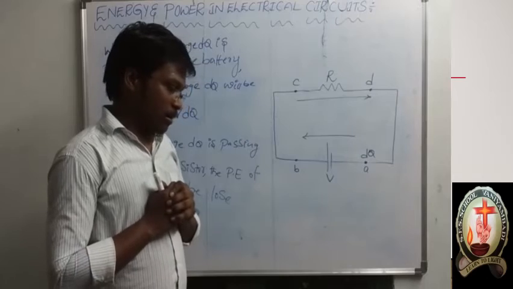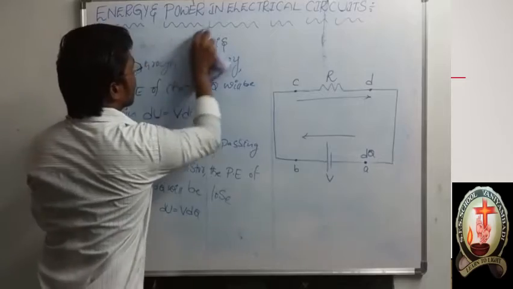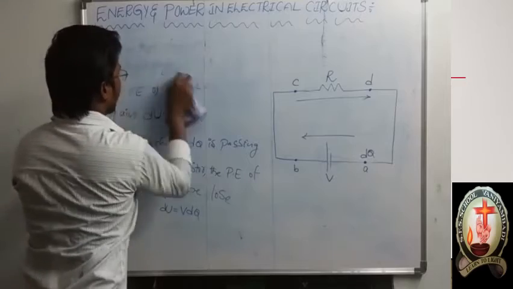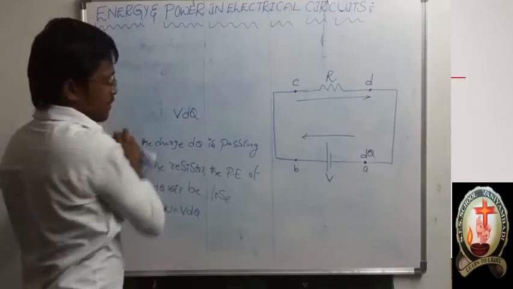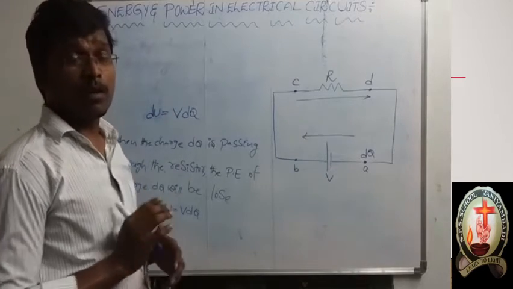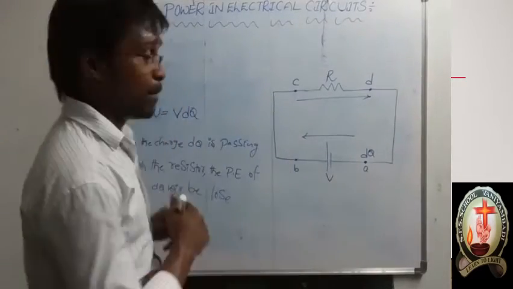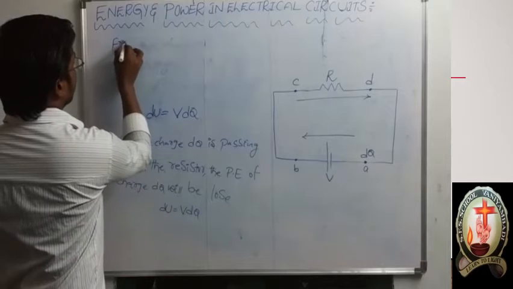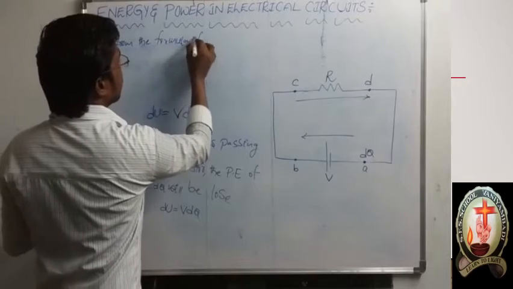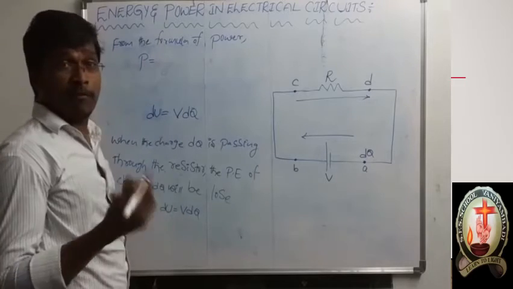Now, dU is equal to V dq. From the formula of power, P is equal to, what is the formula of power?